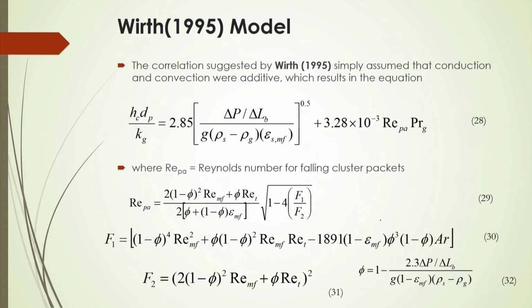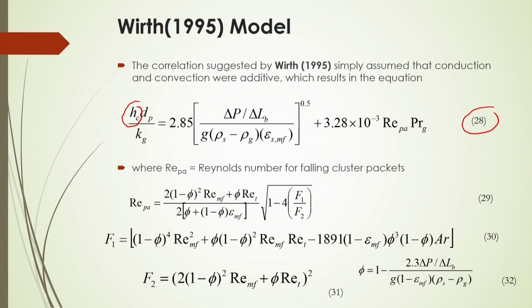Now, as per this model they have suggested one correlation, assuming that conduction and convection are additive in nature, which results in an equation, represented by equation 28, to predict the heat transfer coefficient for convection.